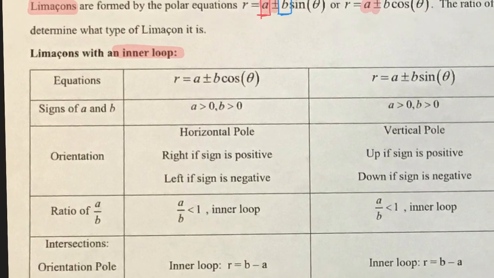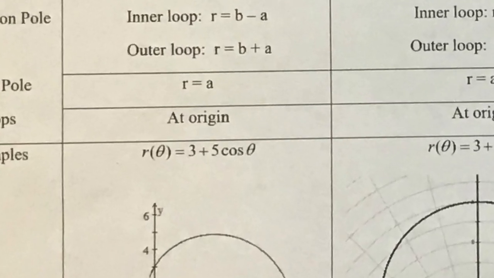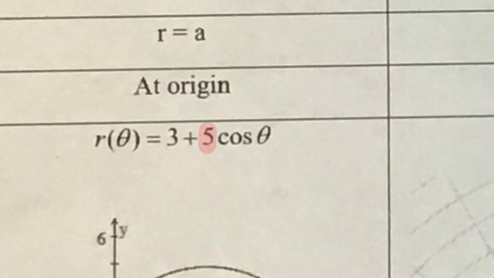And you know these are inner loops because, look at this equation, the B value, the number in front of the trig word, is greater than the sum number. Okay, that's how you know this is a limaçon. If B is greater than A, we're going to have a limaçon with an inner loop.